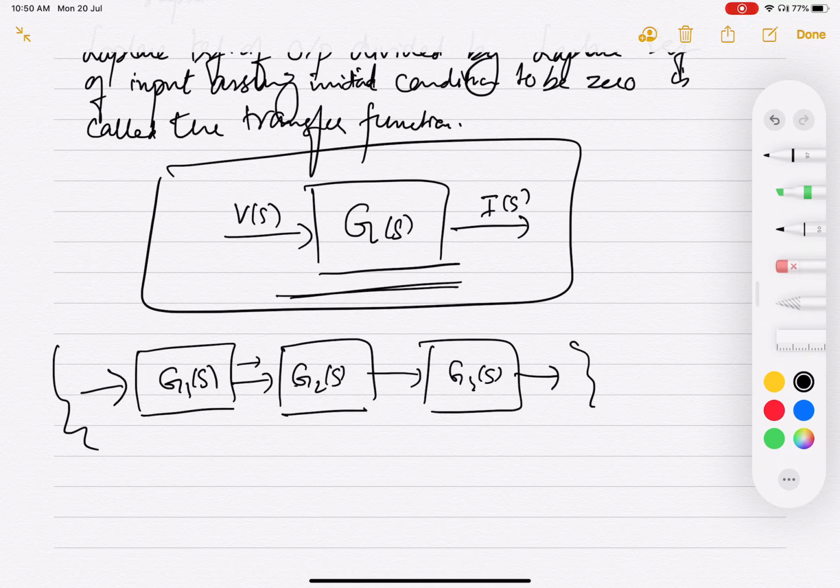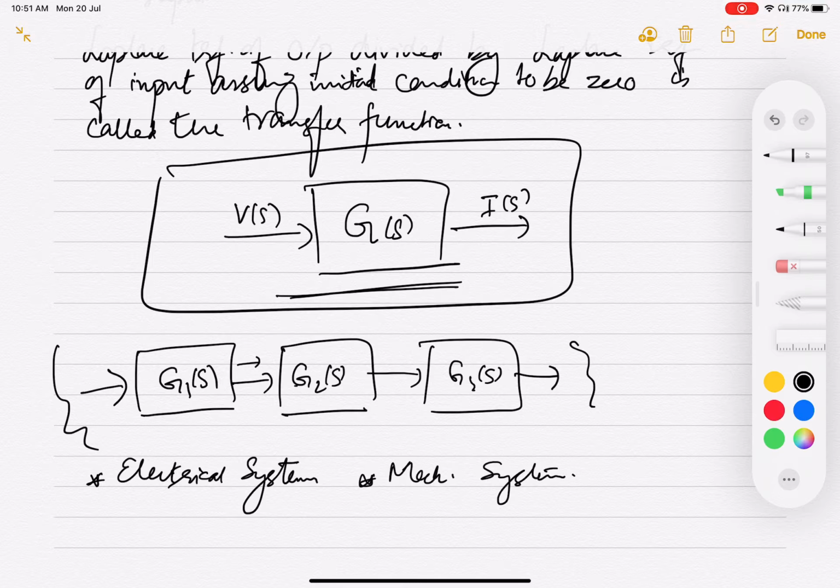So we'll try to do this for different systems in this unit. We'll take electrical systems first and try to find the transfer functions. Then we'll take mechanical systems. And then we'll combine the two and talk about electromechanical systems.